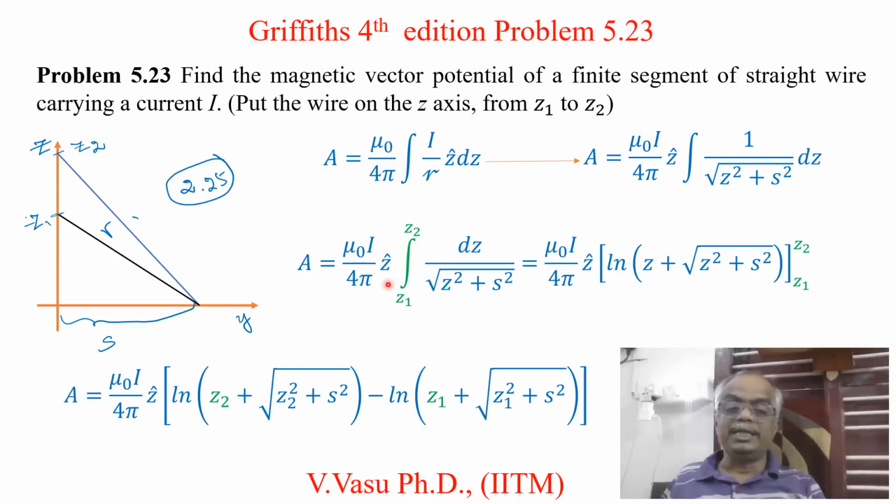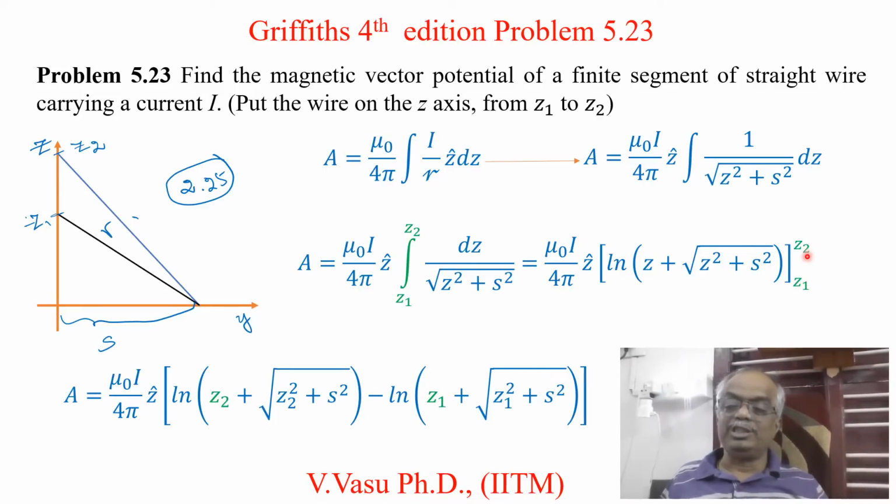The integral of 1 over the square root of z squared plus s squared is equal to the natural logarithm of z plus the square root of z squared plus s squared. Here z is the variable, so within the square root the variable is z. This is easy to remember: natural logarithm of the variable z plus the square root of z squared plus s squared, between the limits z1 and z2.